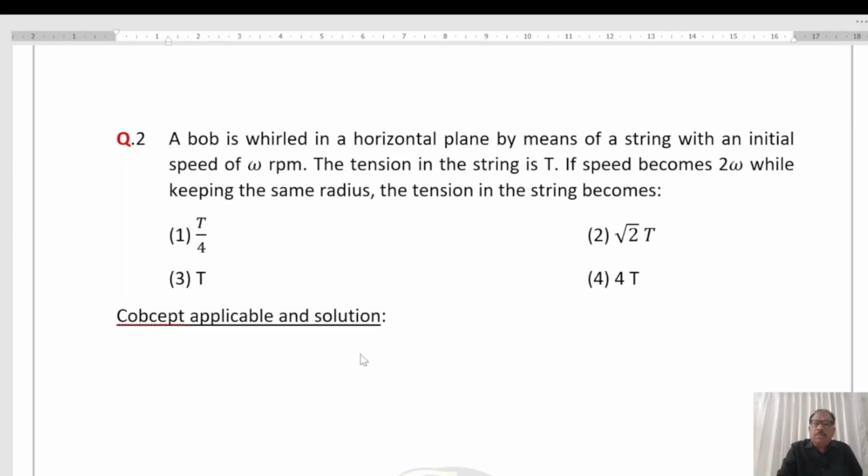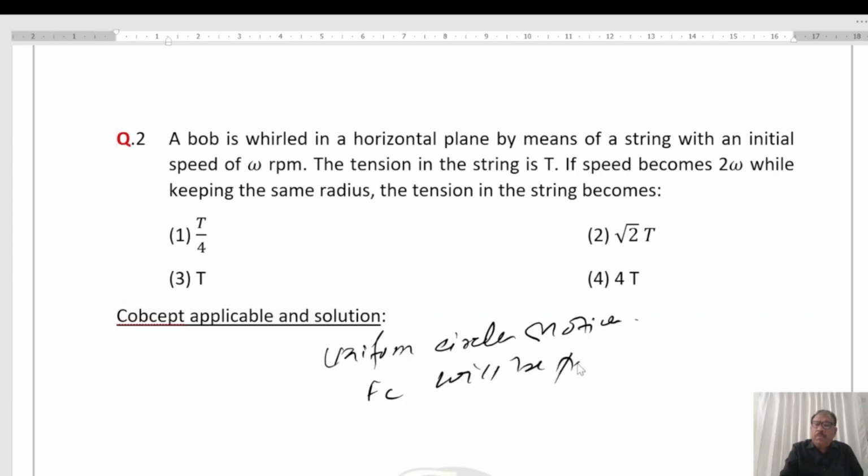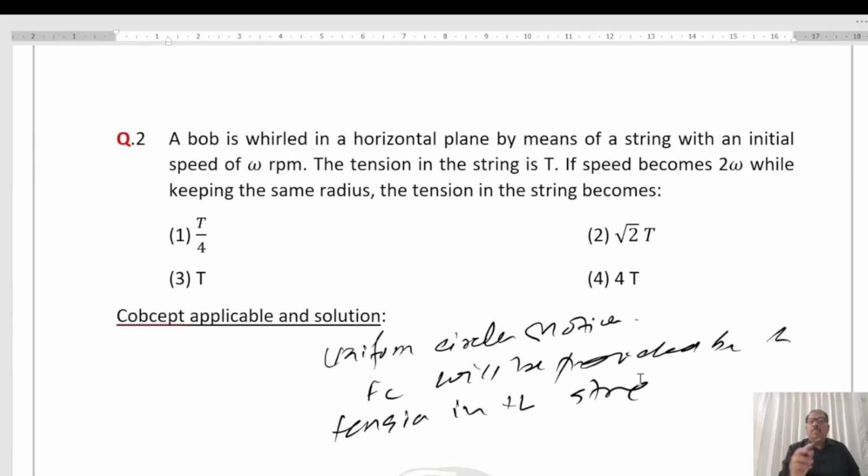Now, in this case, it is a case of uniform circular motion, horizontal. Fc will be provided by the tension in the string, right?